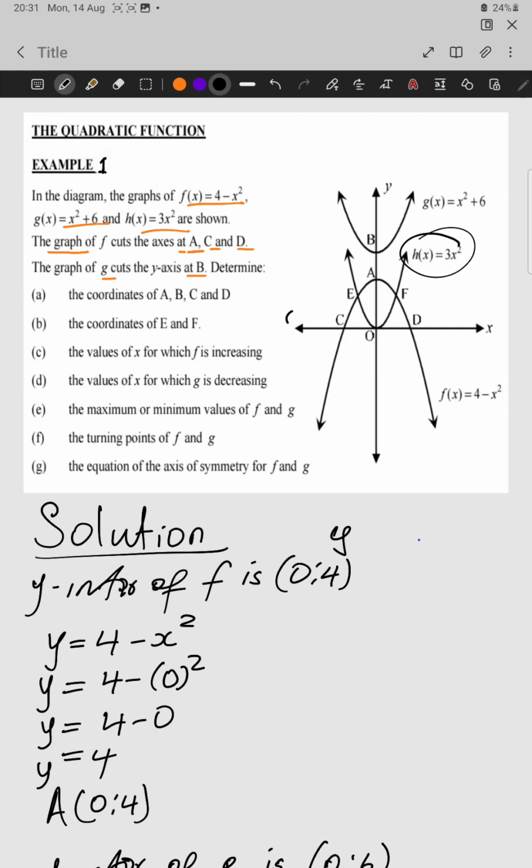So this equation must equal this equation, and then we solve for x. If ever you see a point of intersection, this is how you do this graph.